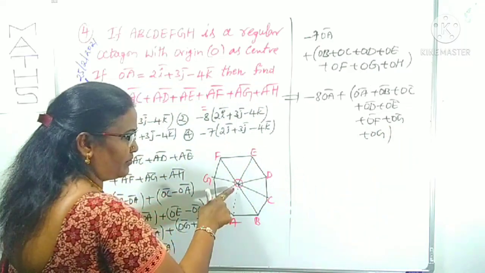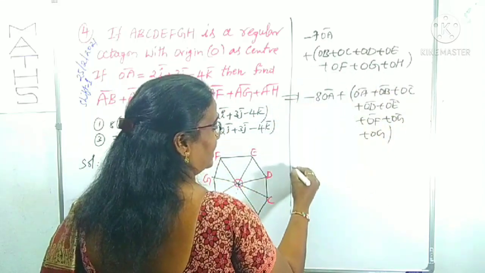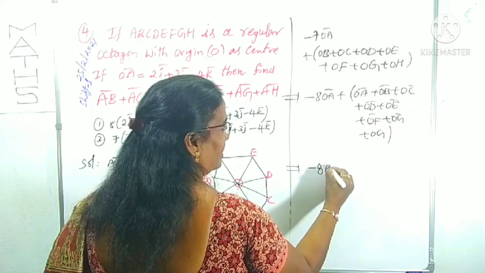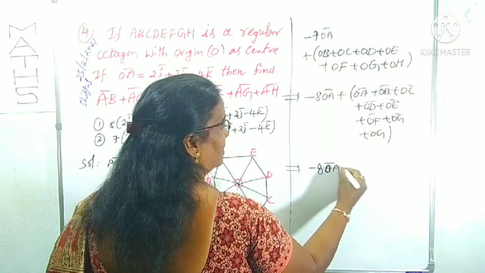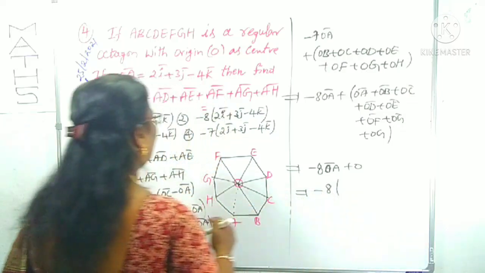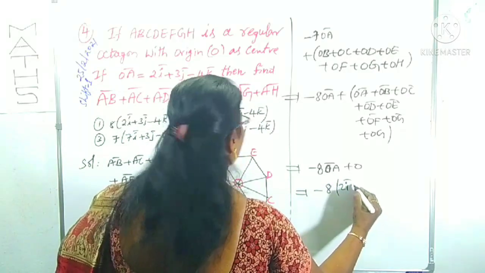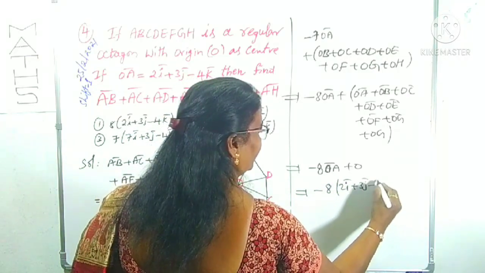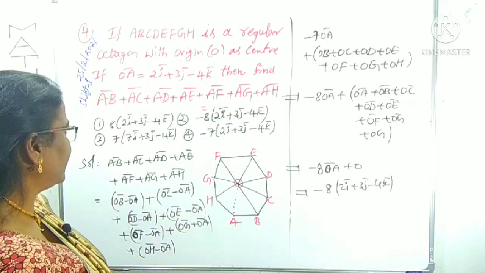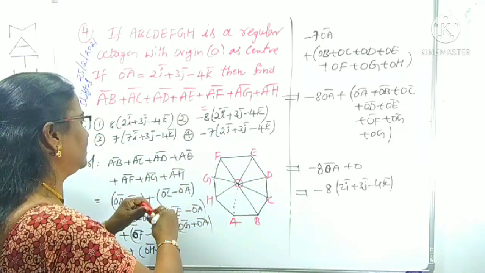All these vertices joined from the center O, the resultant value becomes the origin O, so minus 8 OA plus O, indirectly minus 8 OA. What is OA given? 2I plus 3J minus 4K. Clear? This is our required result. Which option is correct? Minus 8 OA. Yes, it is clearly the second option.